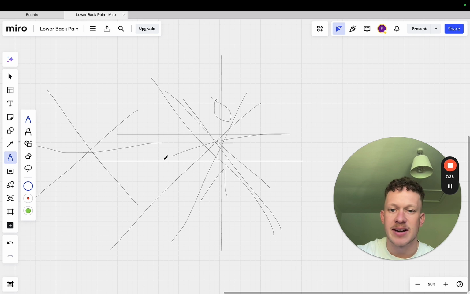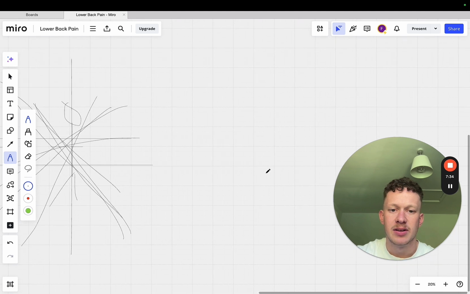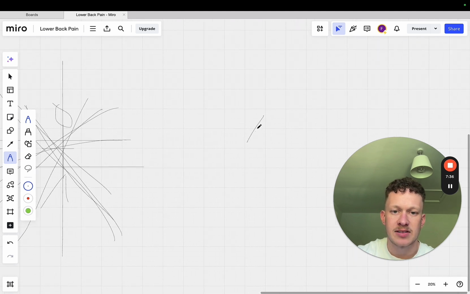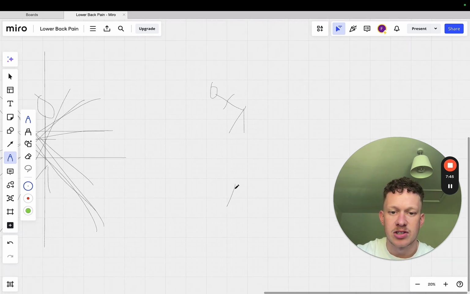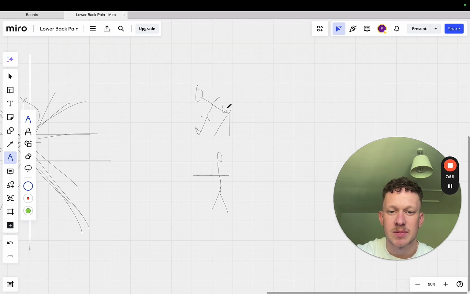If we can just train a greater variety and include a number of different things, instead of just moving up and down in this hinge pattern, there's going to be a terrible drawing, but yeah, in this hinge pattern, and if we can actually learn to twist and rotate instead of just doing up and down like this, the lower back just gets used to doing that.